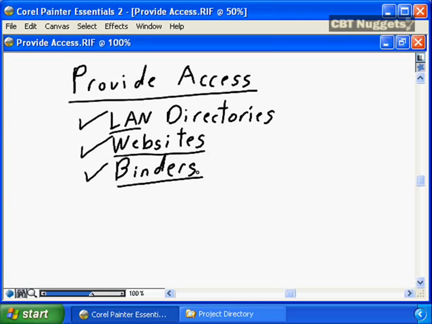But the information needs to be available. Your team members and your project sponsor need to know where to go find that information, how to go back into history, and how to get access to the information that they need to continue to do their job on your project.